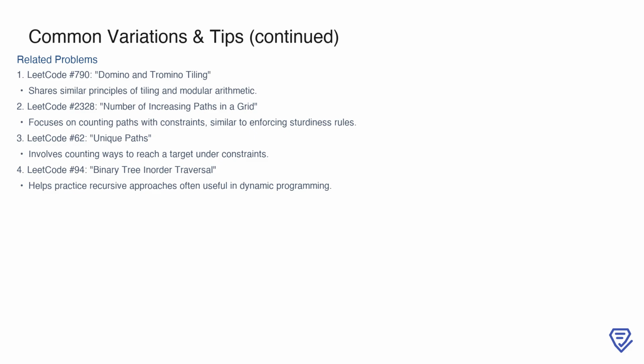Another relevant problem is LeetCode number 62, Unique Paths, which also involves counting ways to achieve a target configuration while adhering to specific constraints. Lastly, LeetCode number 94, Binary Tree Inorder Traversal, offers excellent practice for recursive approaches, which are often crucial in solving dynamic programming problems like this one. Exploring these related problems can reinforce your understanding of the techniques and principles involved.